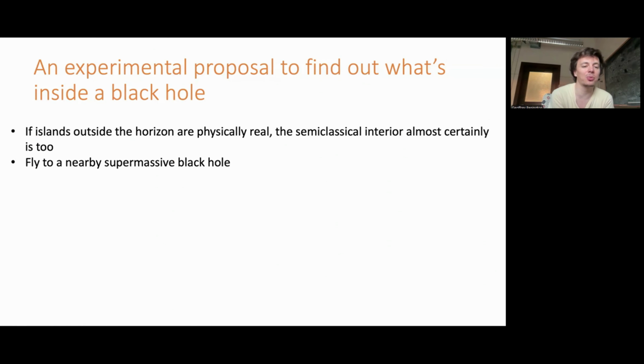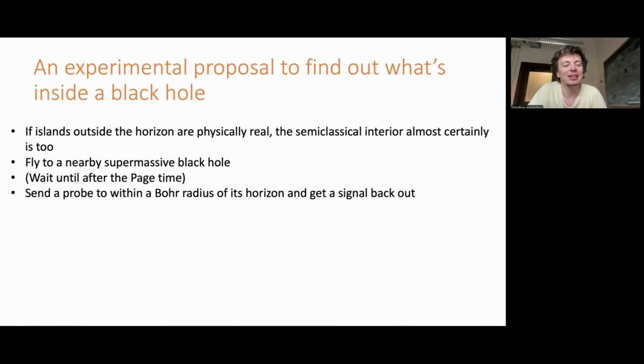Okay, so how do we then test the island outside the black hole? Well, all we have to do is fly to some nearby supermassive black hole. Technically, we should really wait until after the Page time to really check for sure, but I think the experiment would be interesting regardless of whether we did this. Send a probe to within the radius of an atom of the horizon of that supermassive black hole, and then somehow get a signal back out.